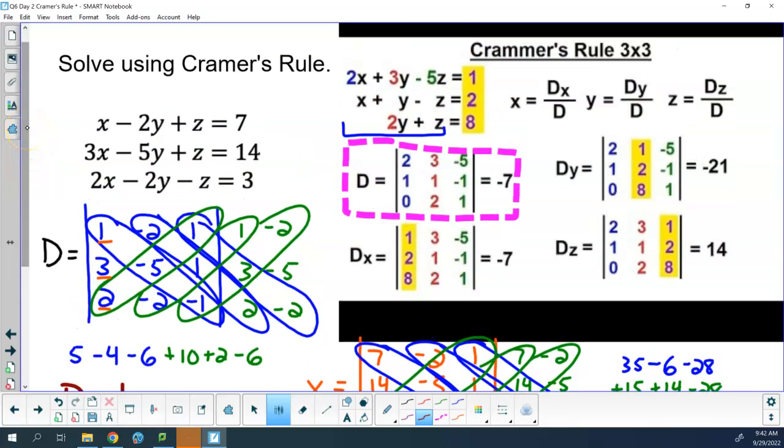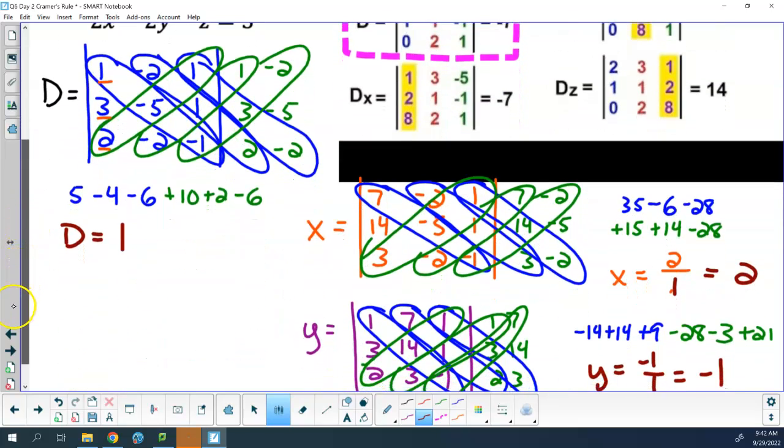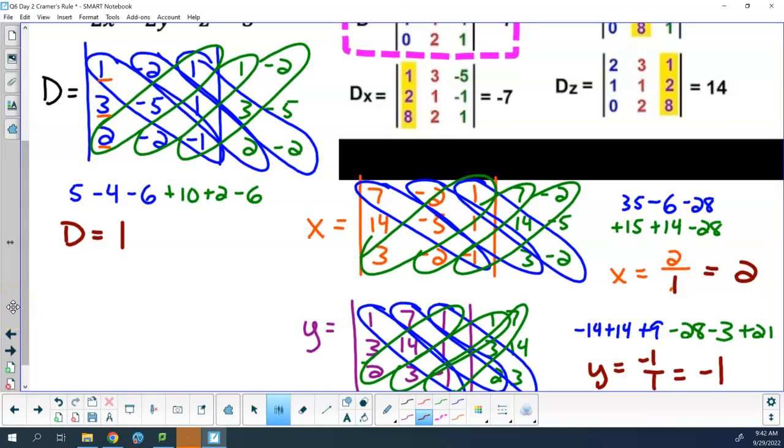So, I'm listening. When you're solving for X, why is it negative plus? Because this first one right here was 3 times negative 5 times 1, which is negative 15, right? And we subtract the crosses.